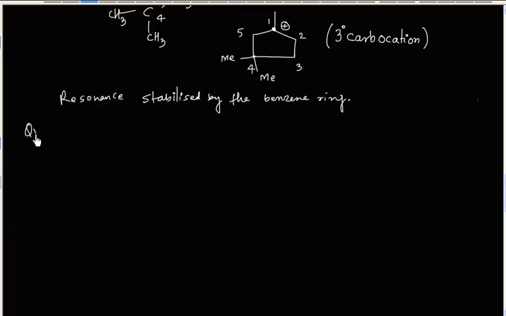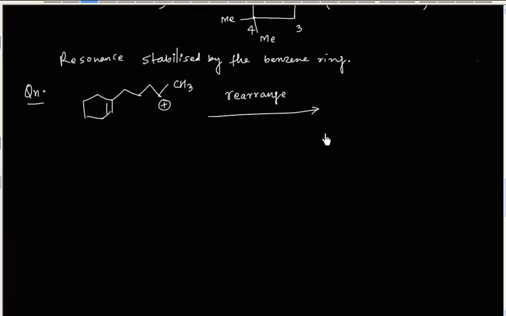Now let us try this problem. Now this carbocation rearranges to give a more stable carbocation, and that carbocation contains 2 rings.